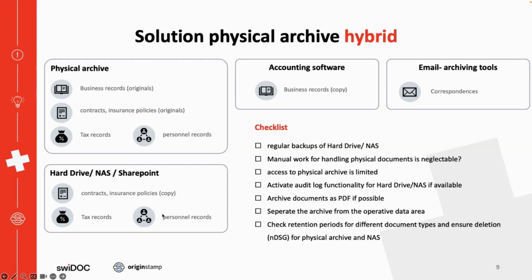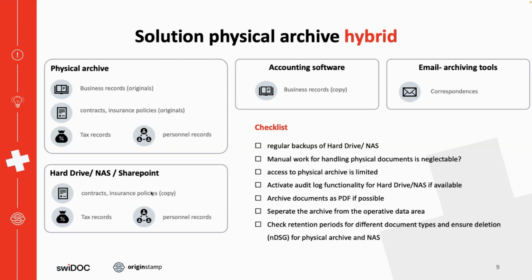And then I have the hard drive, NAS or SharePoint, where I can also store some of these files digitally as a backup in case anything happens to my physical archive. And also, I think it's very useful for accessing these documents faster and quicker. So there is definitely a reason why this is here, and it's widely okay, I would say.